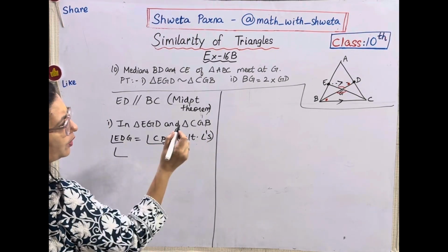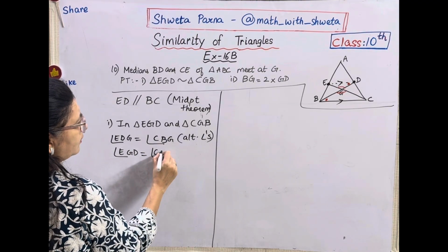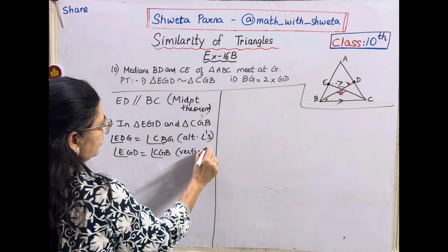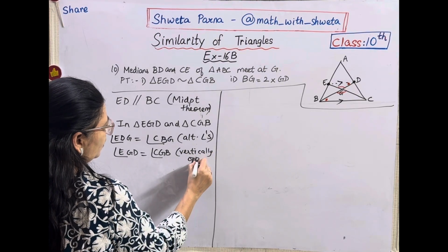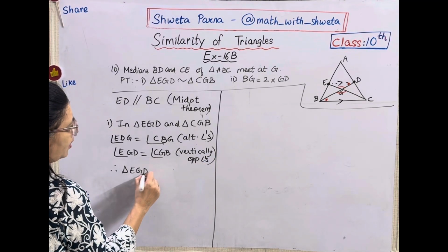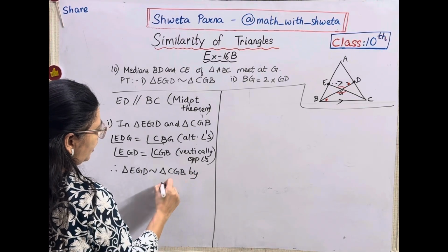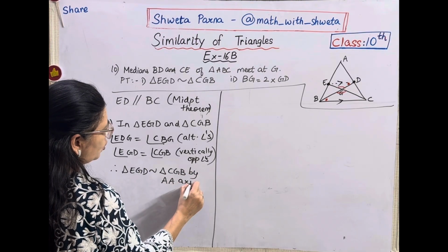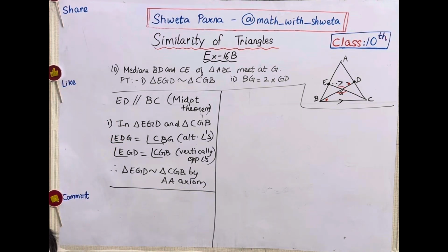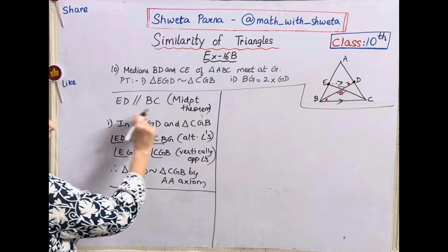Then angle EGD is equal to angle CGB, vertically opposite angles. They are all equal. So therefore triangle EGD is similar to triangle CGB by AA test of similarity. The first part is done. So as per midpoint theorem also, this is done.